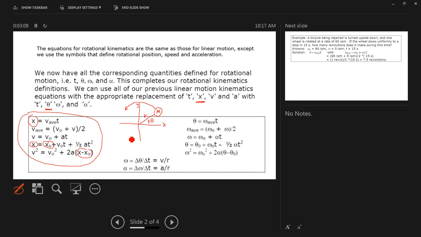So here in the first equation we see that X is replaced by theta, down here in the fourth equation and in the fifth equation.